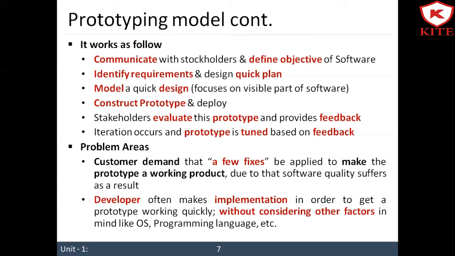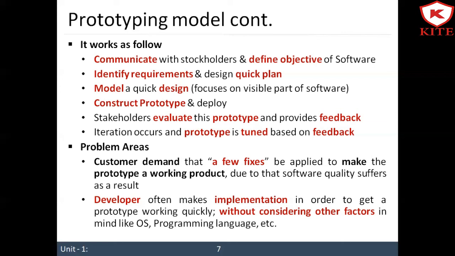The second one is that the developer often makes implementation compromises in order to get a prototype working quickly. An inappropriate operating system or programming language may be used simply because it is available and known.